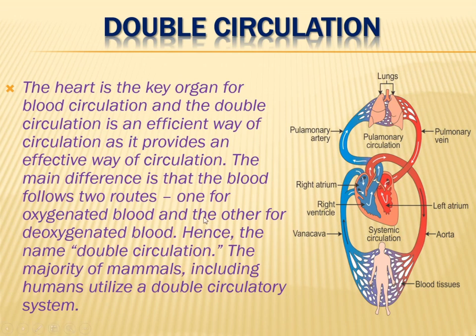And then there are two routes. The main difference is that it follows two routes, one for the oxygenated blood and the other for the deoxygenated blood. And hence the name double circulation. The majority of the mammals, including humans, utilize a double circulatory system.